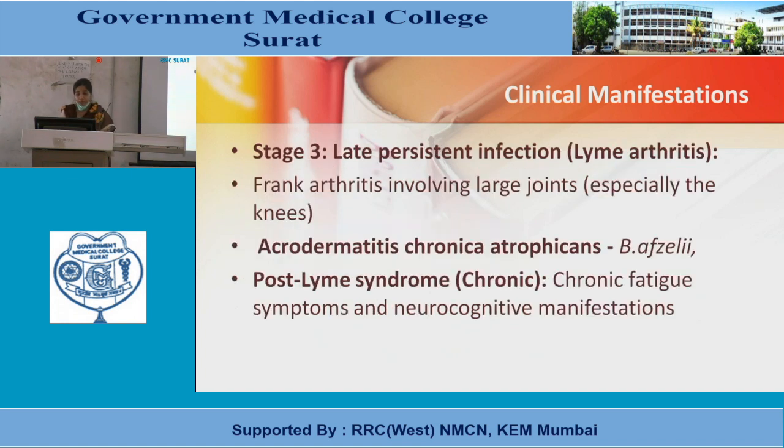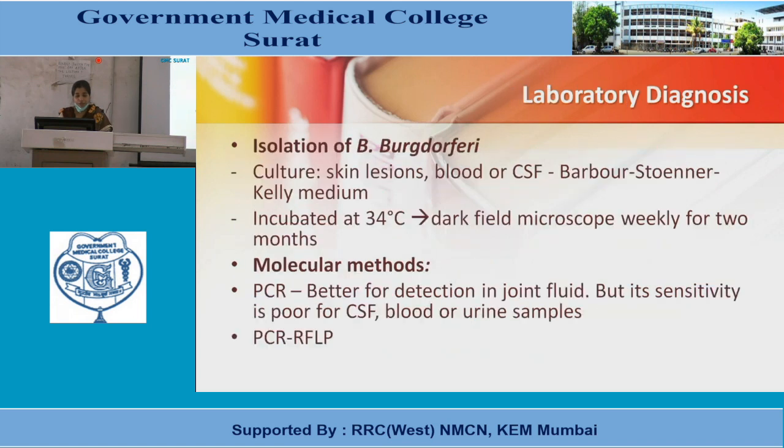Stage 3 is late persistent infection, Lyme arthritis, frank arthritis involving large joints, especially the knee. Acrodermatitis chronica atrophicans can be caused by Borrelia afzelii, and post-Lyme syndrome, with chronic fatigue symptoms and neurocognitive manifestations. Isolation: they can be cultured from skin lesion, blood or CSF in Barbour-Stoenner-Kelly medium, incubated at 34 degrees Celsius, and then seen by dark-field microscope for up to 2 months.